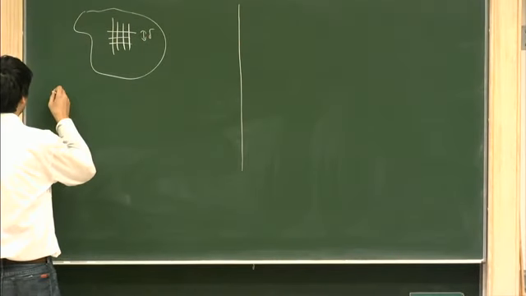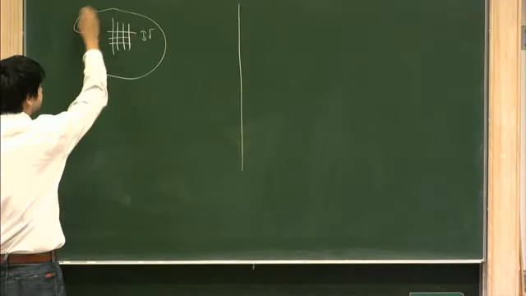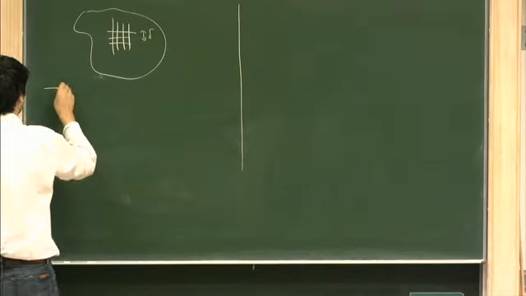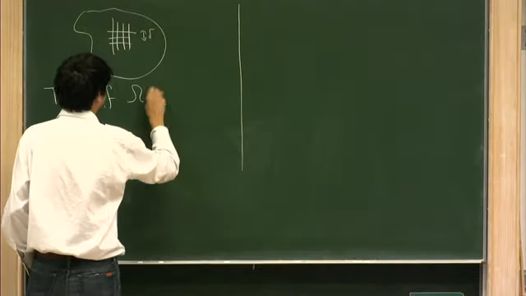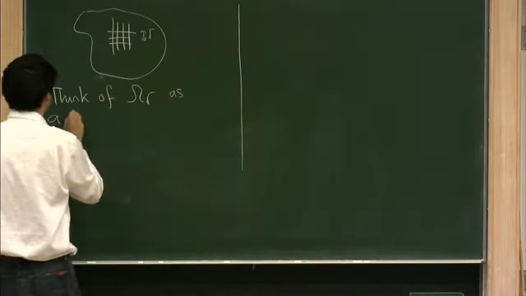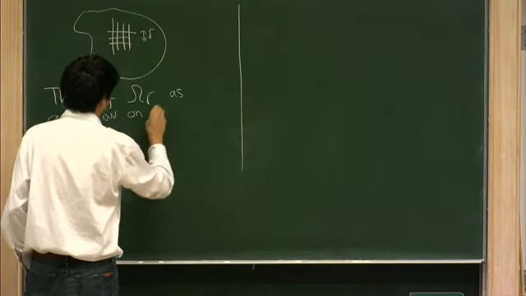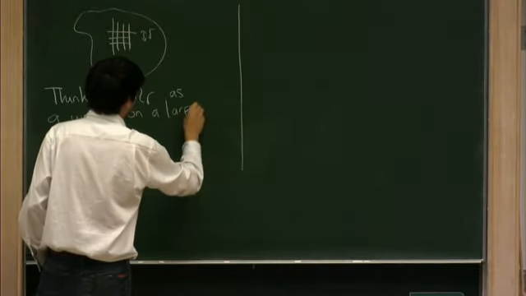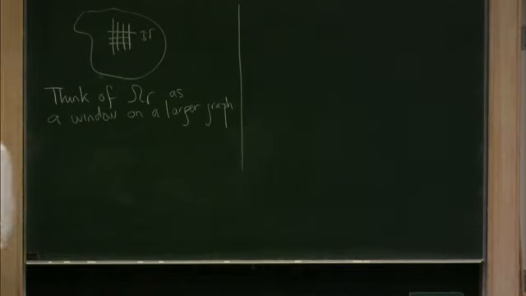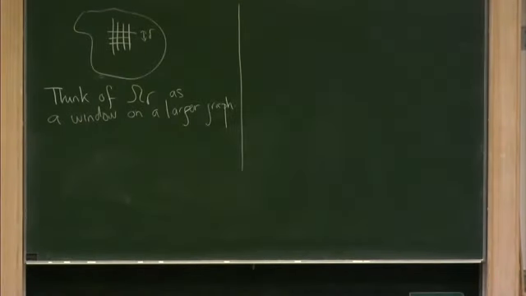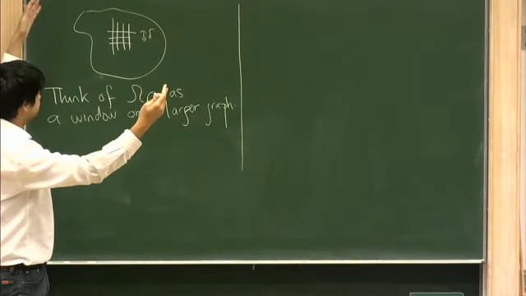Well, let's look at the Ising model with plus boundary condition. So we can think of this domain as a window. In principle, we'd like maybe to study the whole plane, but we can think of this domain as a window on a possibly larger system.